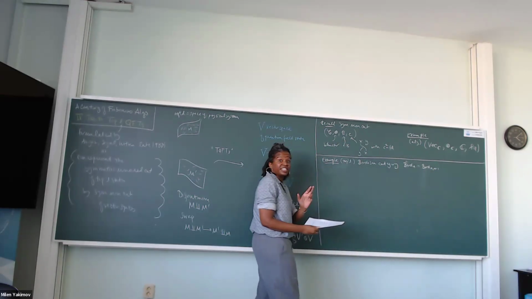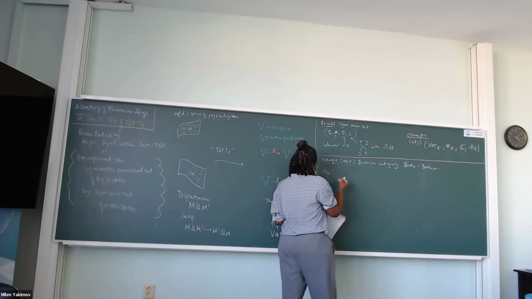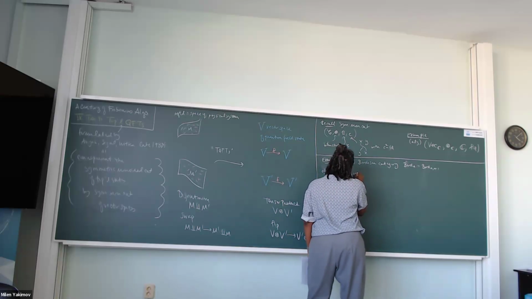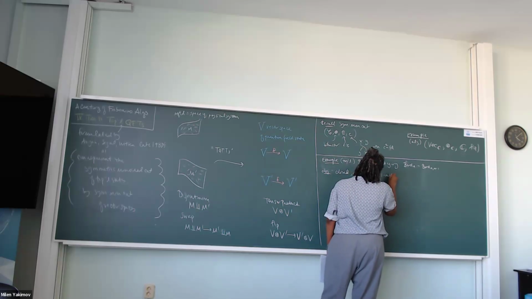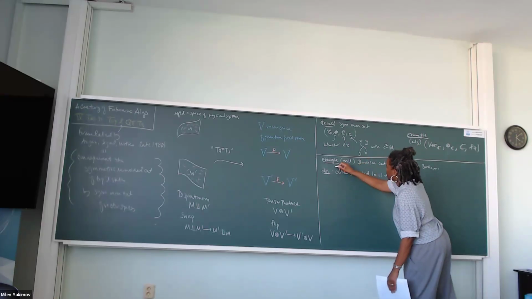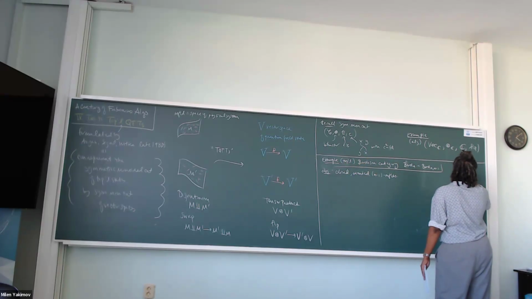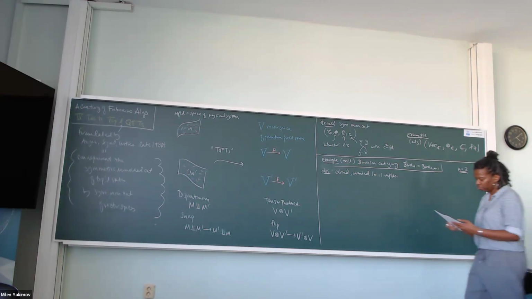Okay, so I need to tell you what it is as a category. Objects are going to be closed, oriented, (n-1)-manifolds. So for example, if I do n equals 2 here, these are going to be closed, oriented one-manifolds, like circles.